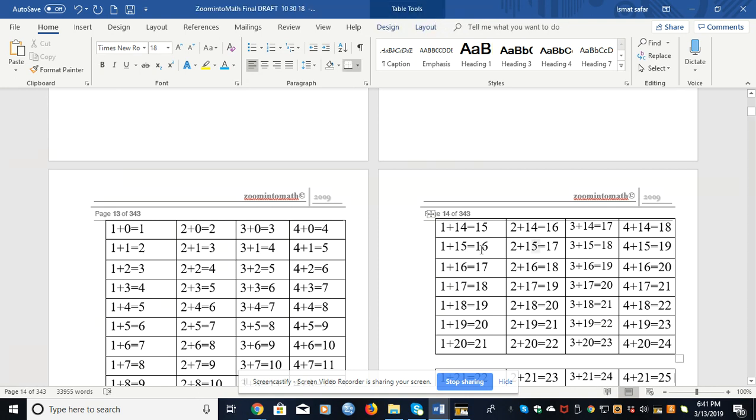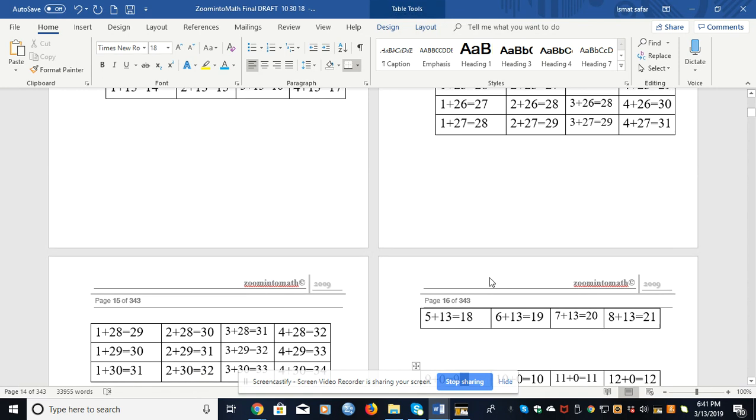And then we have 1 plus 15 equals 16. 1 plus 16 equals 17. That's why the book is extremely important in order to follow me with these videos.